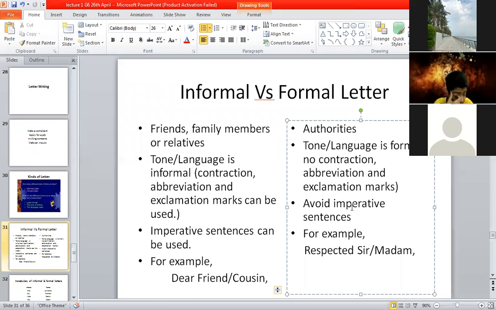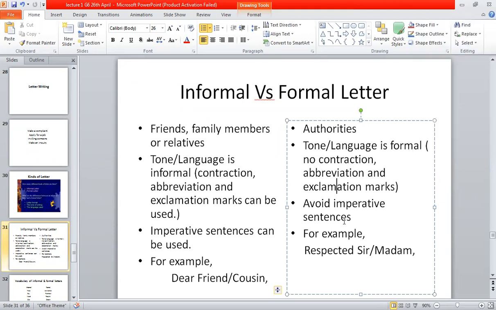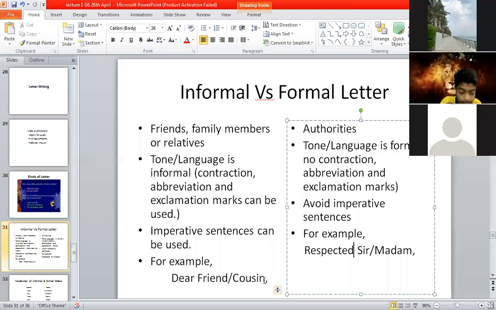In formal letters, imperative sentences also cannot be used. As I have already told you, instead of dear sir you will write respected sir, right? Respected is a word that is used in formal language, and dear is a word that is usually used in informal language.